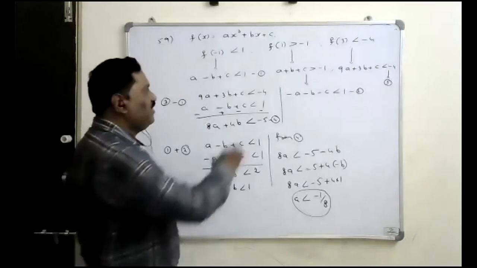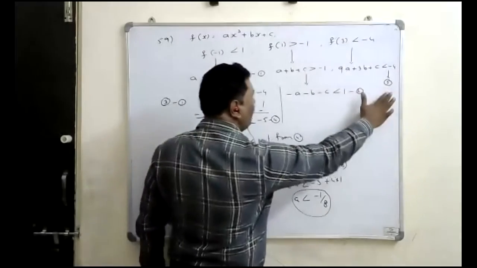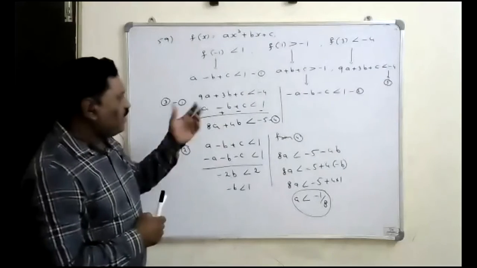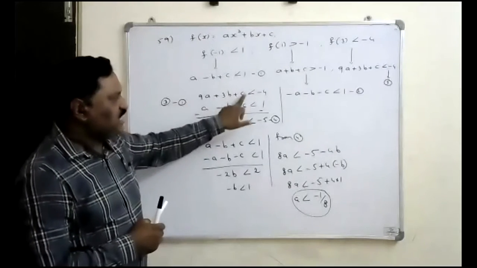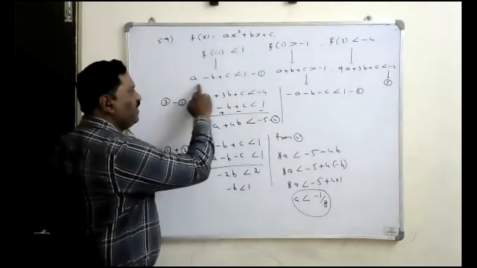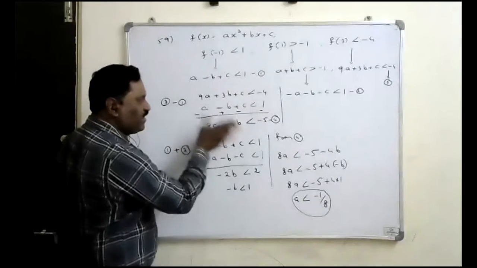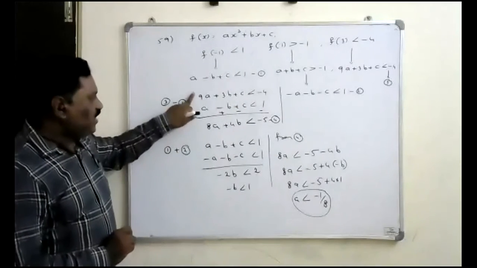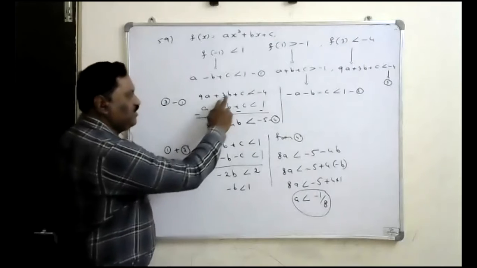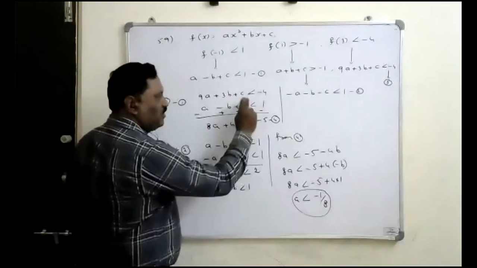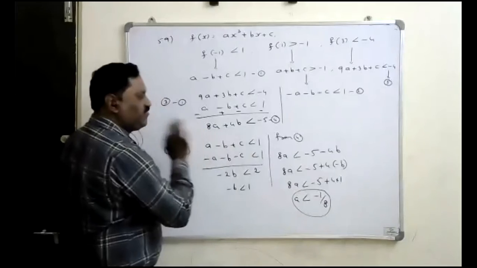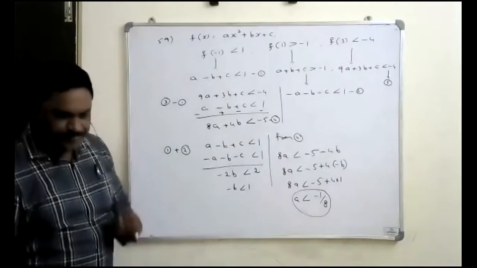So I will take the first and third and subtract them: 9a plus 3b plus c less than minus 4 and a minus b plus c less than 1. I have to change the sign for the second equation. 9a minus a means 8a, 3b plus b means 4b, and c is cancelled. Minus 4 minus 1 means minus 5. This is the equation we got in terms of a and b.